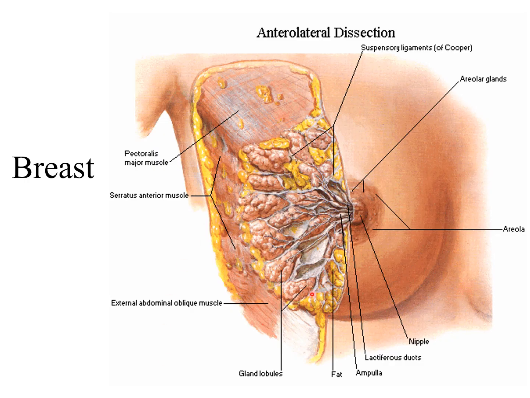So it is a hemispherical structure, two-thirds lying on the pectoralis major muscle, and one-third lying on the serratus anterior muscle, and a little bit of the portion is lying on the external oblique muscle.